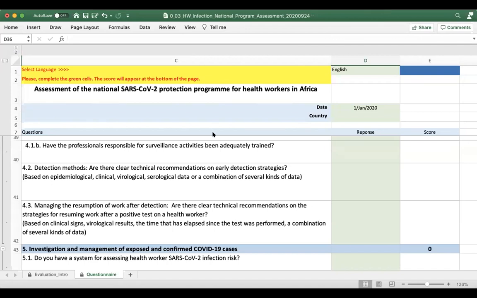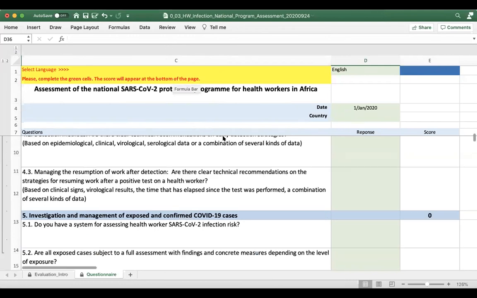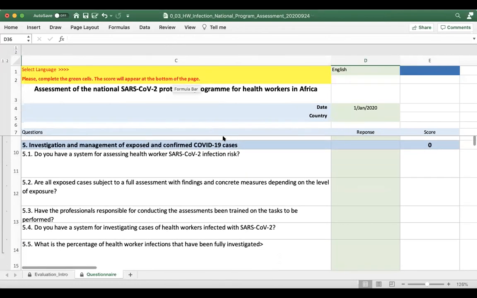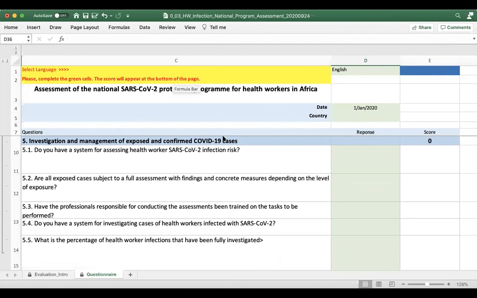Last but not least, domain 5 looks at how you are actually conducting investigations and managing those health worker infections that have been confirmed. 5.1 asks you for the actual system. Is it in place in terms of assessing healthcare worker infection risks? Are those cases that have been exposed and identified actually receiving support at the healthcare facility?